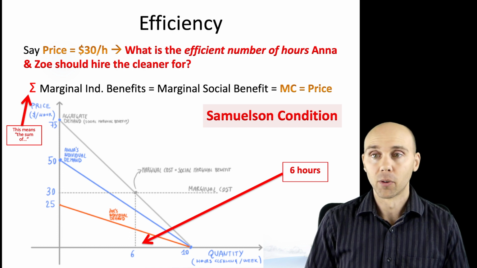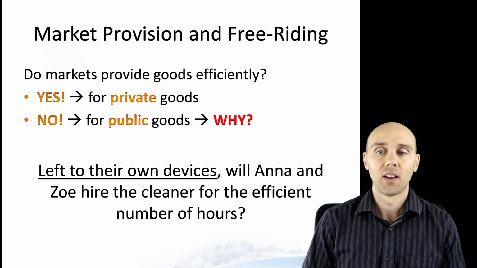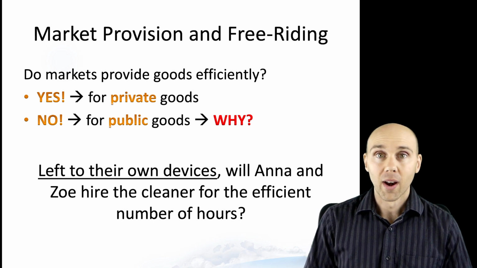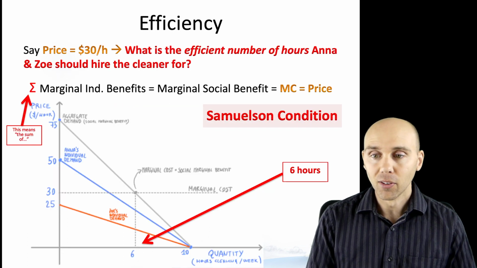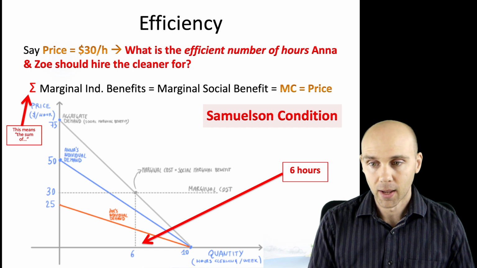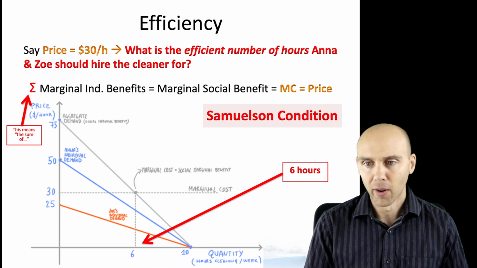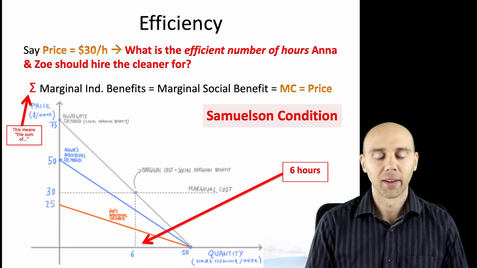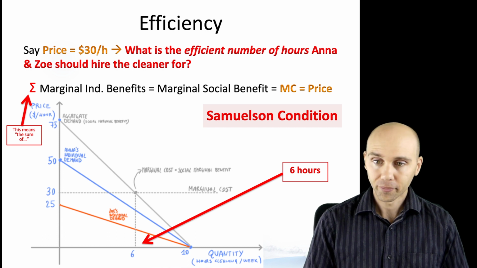Here we have a little bit of a problem, because for public goods we don't get this intersection. Now, why not? What happens? Well, at a price of $30, have a look just at Zoe's individual demand curve, that orangey curve there, or brownie curve. I'm colorblind, I'm not sure, but you'll work it out. We can see that Zoe's never willing to pay $30 for an hour's cleaning, so she's not interested at all.